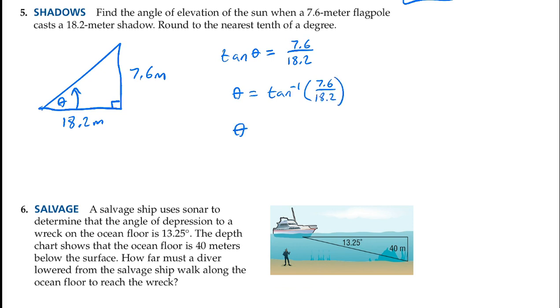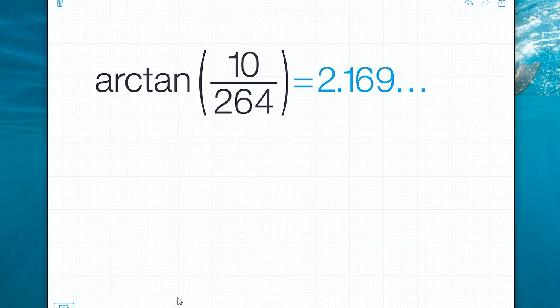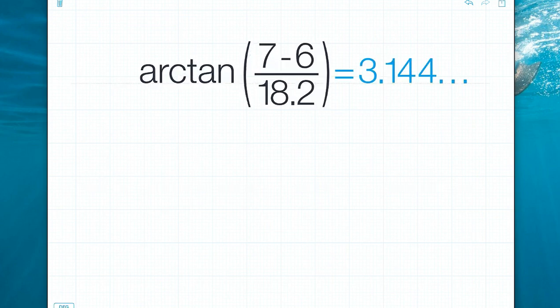So then the angle is going to be about, so 7.6 divided by 18.2. So let's trash this. Arctan of 7.6 over 18.2. Let's try that. I scribbled a little bit.